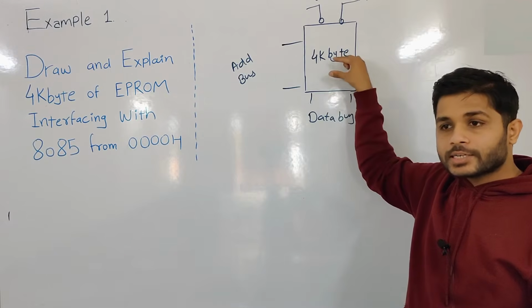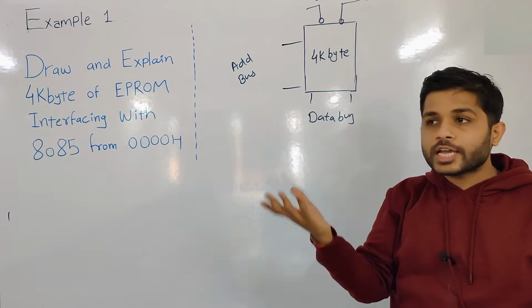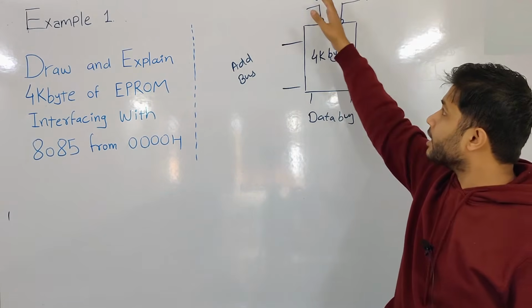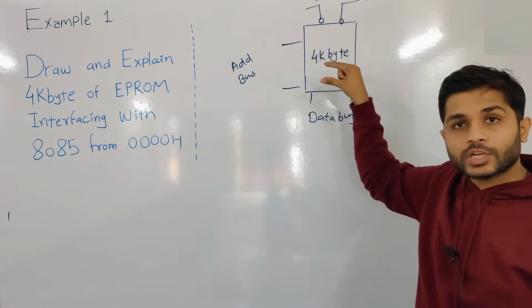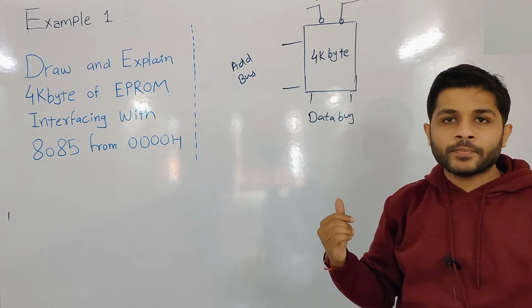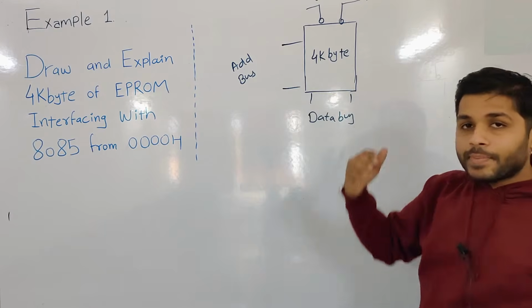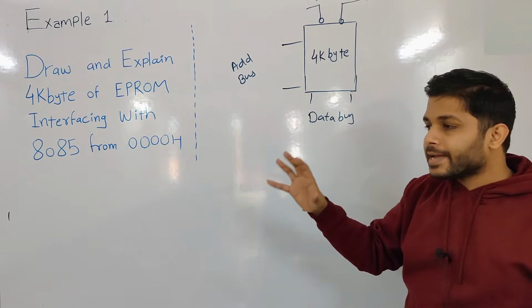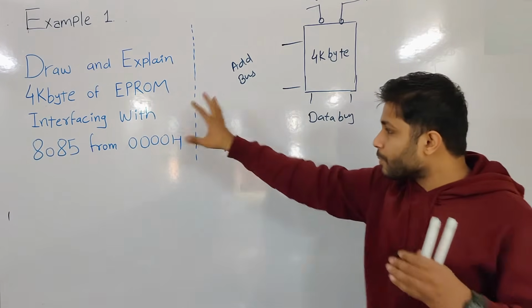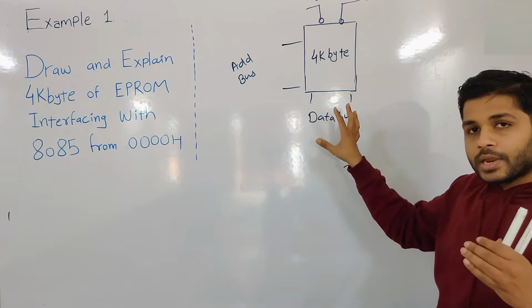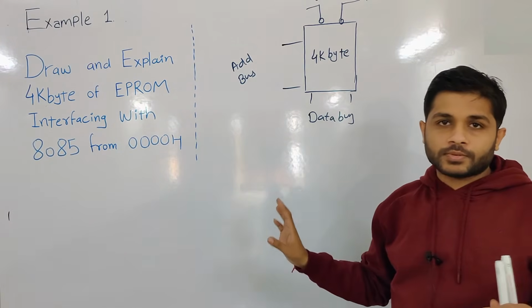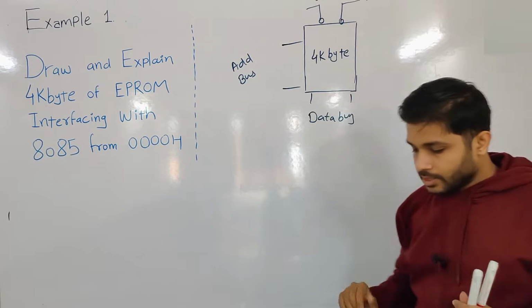After the location is selected, the processor will send a control signal which can be read or write, and that particular location can be read or written. Depending on the read and write operation, data can flow either from the processor to the memory or from memory to the processor. So these 3 signals are main.